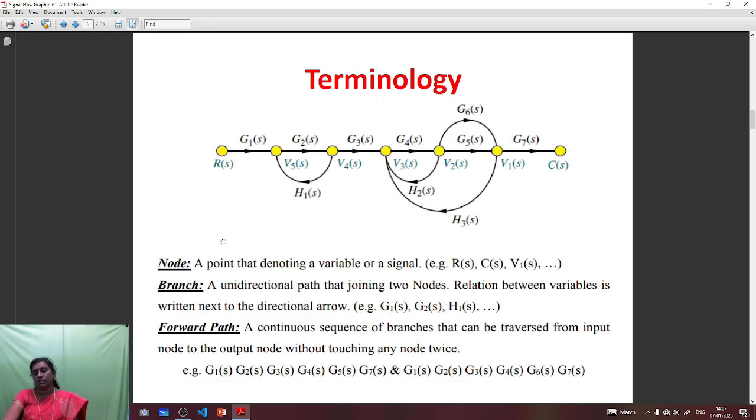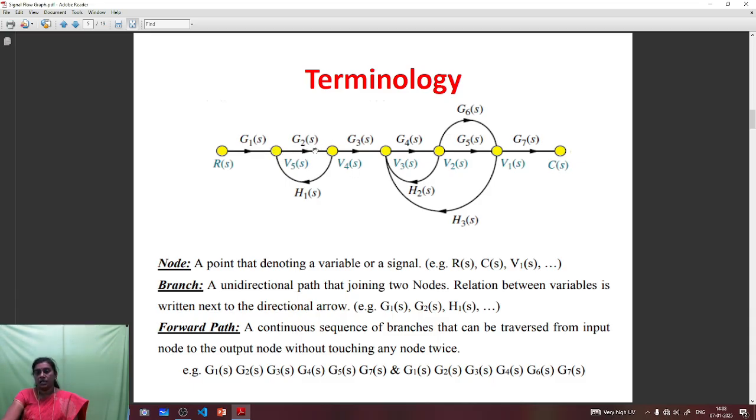The next terminology is branch. A branch is a unidirectional path that joins two nodes. Here this black color line joins two nodes, R of S and V1 of S. So this is called one branch.